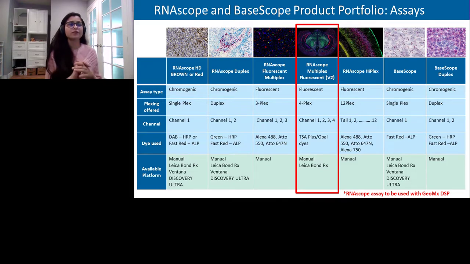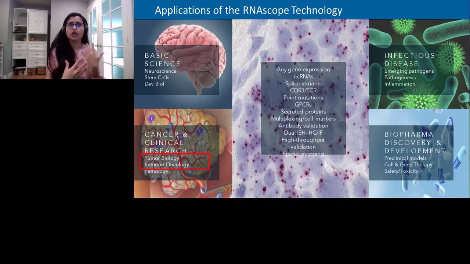As I mentioned, we have been widely applied for detection of long non-coding RNA, splice variants, CDR3 sequences, GPCRs, and so on. And because of our flexibility of application, we have been used for basic science research in neuroscience, stem cell, and developmental biology. We have also been used for infectious disease research to identify nucleic acids of emerging pathogens and study infection-induced inflammation.